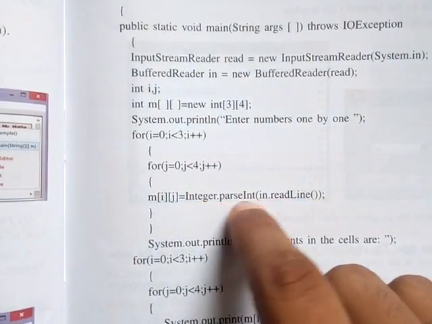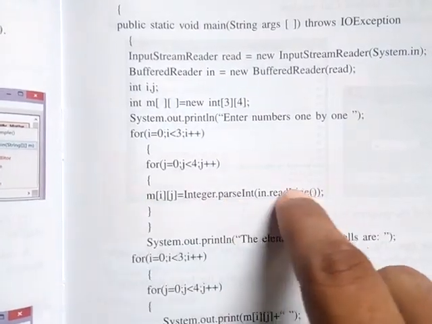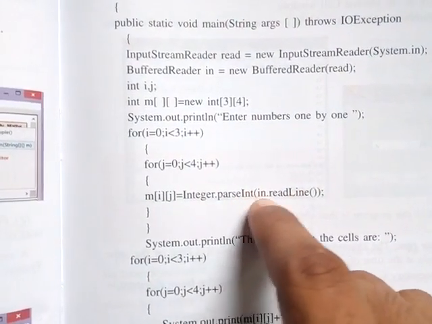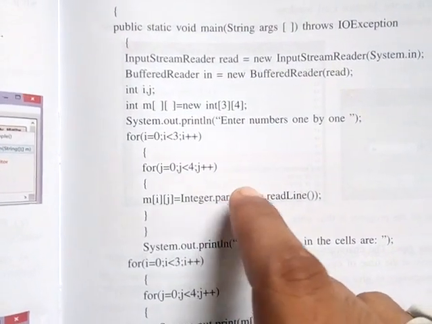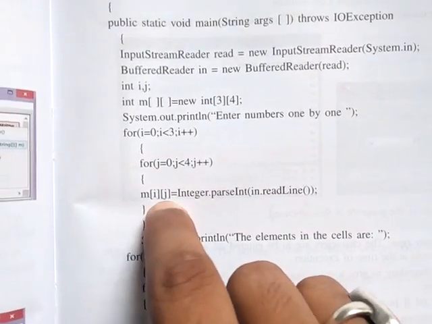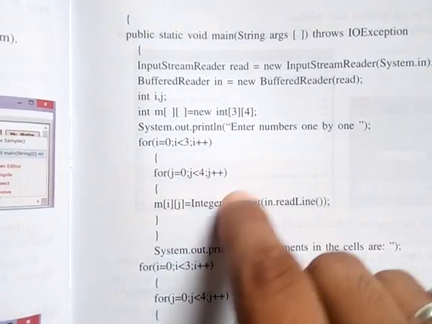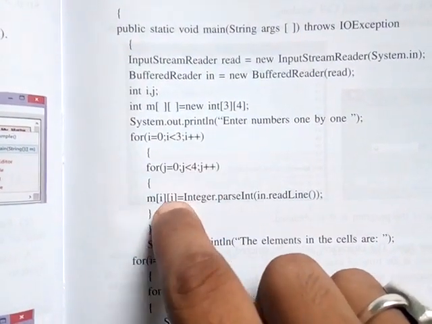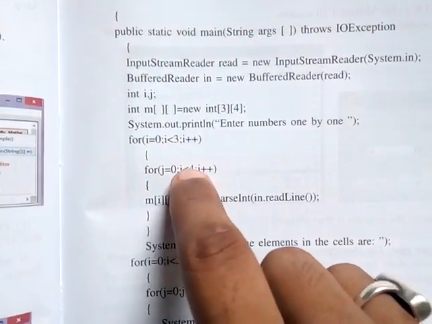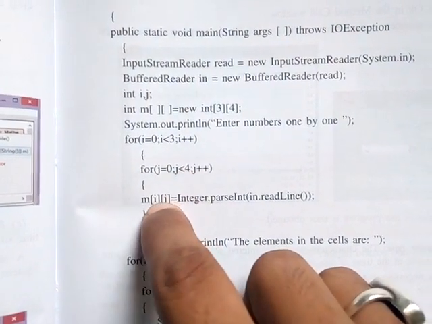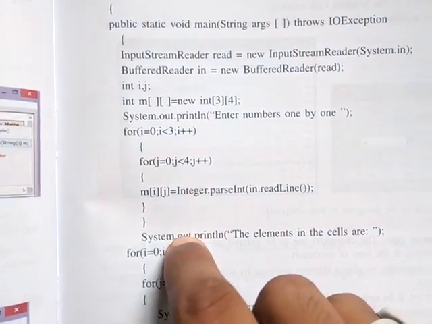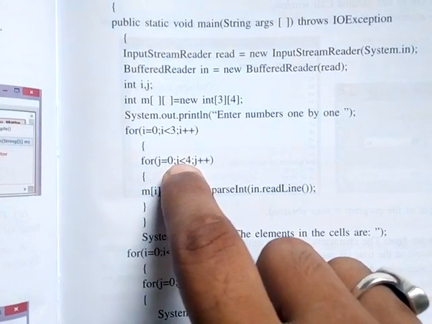While we write this line, when control reaches these statements to execute, then and there the user will be able to enter one value in this index number i j, 0 0. That means first number. Then j++, that means 0 1, then j++ once again 0 2, then 0 3. After that, control will come out when the value of j becomes 4.